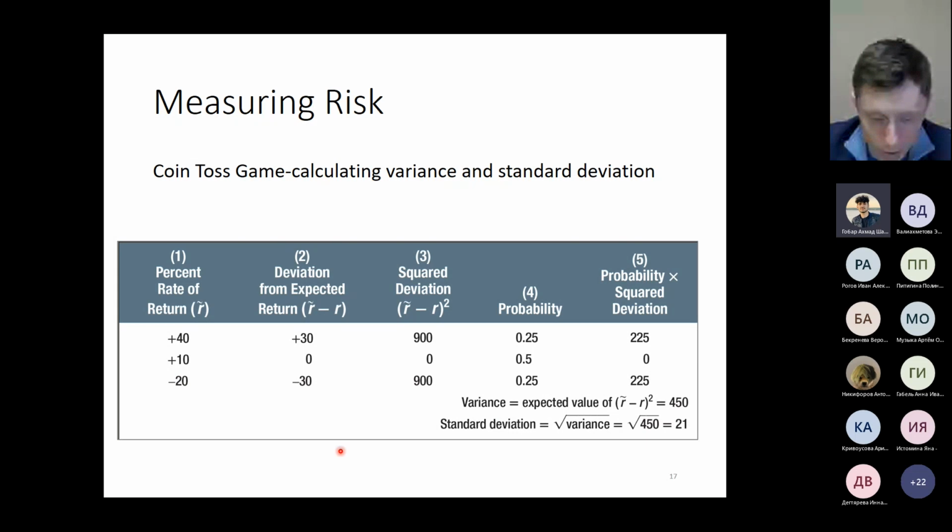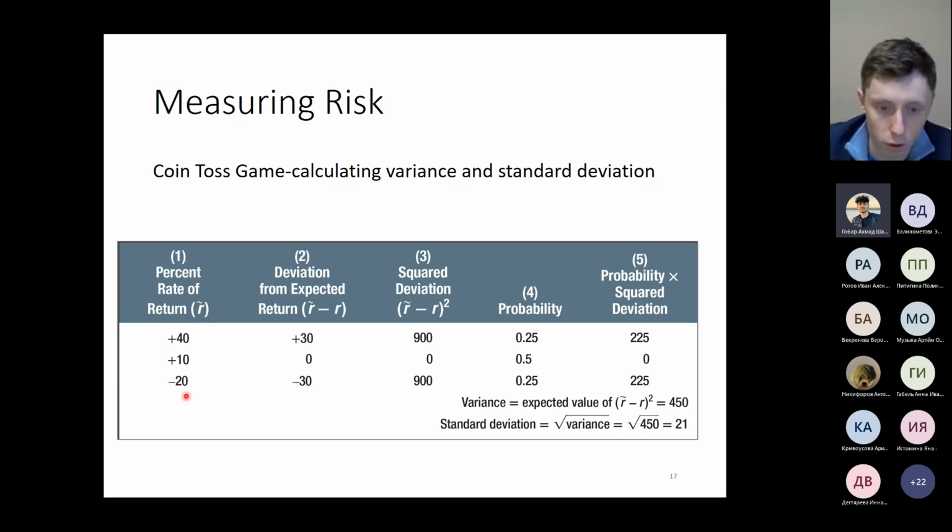Now the process of how we estimate the standard deviation. If we have the probability of each outcome, then we do it like this. We estimate the mean first: 40 plus 10 minus 20 is 30.